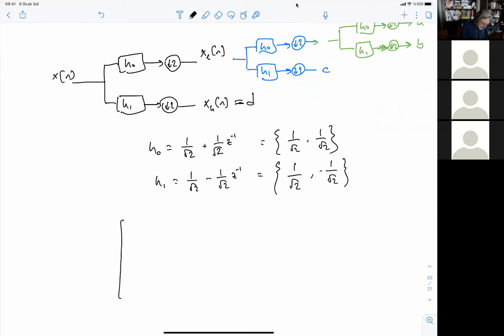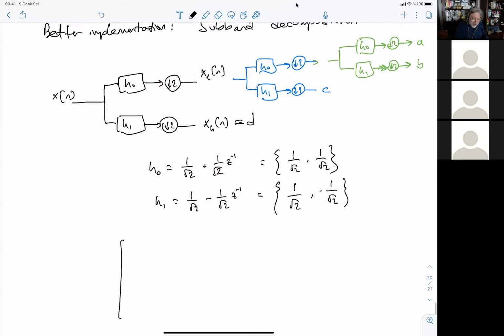Some short A's. Let's say the input is length 8, so the output of A will be 1. Why is it 1? Because if the input is periodic with 8, downsampling by 2, and then filtering and downsampling by another 2, and then filtering and downsampling by another 2 means downsampling effectively by a factor of 8.